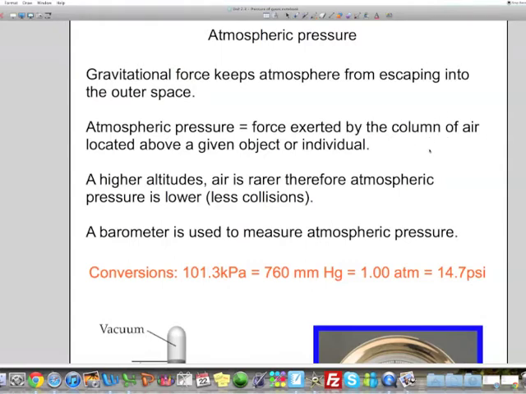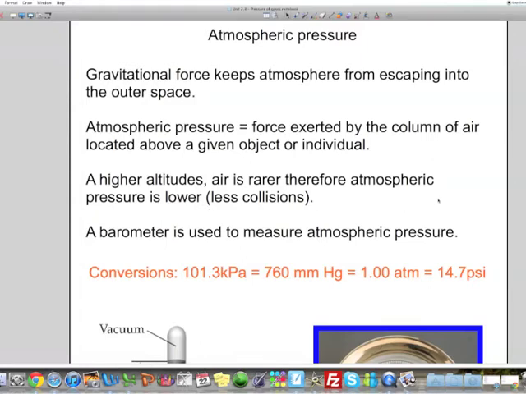So if somebody is standing, all the air above the person will represent the atmospheric pressure. Now, at higher altitudes, there's less air, right? So less collisions. And therefore, that's why also it's harder to breathe because there is less air, less oxygen. So because air is rarer, there are less collisions, and the pressure is therefore lower.